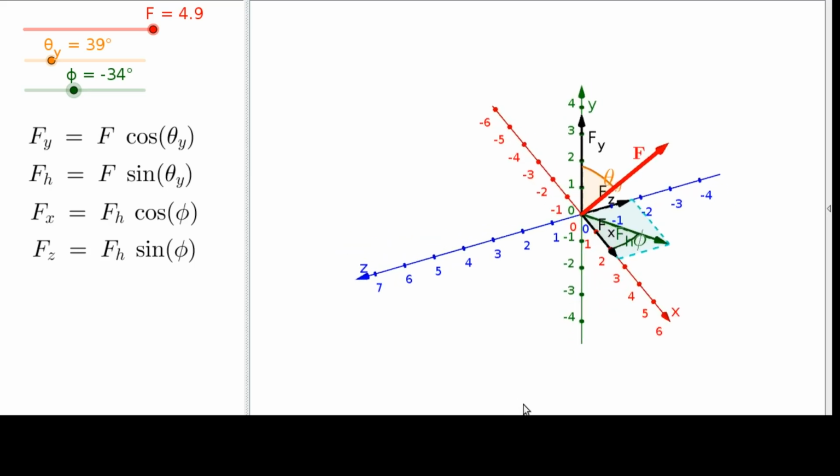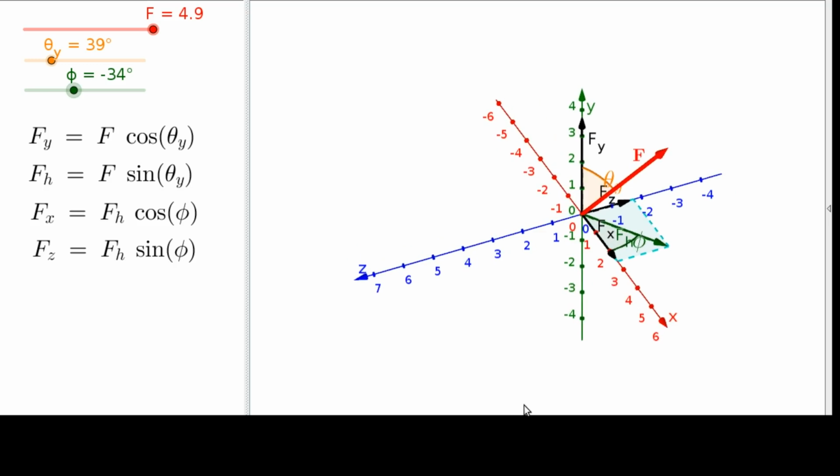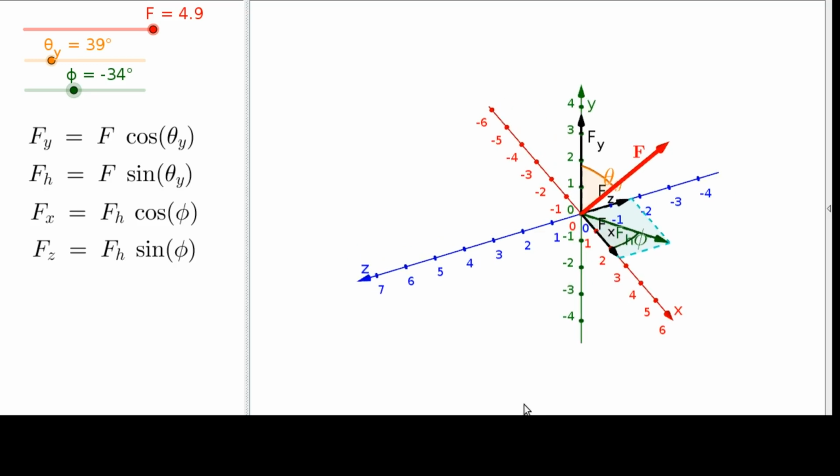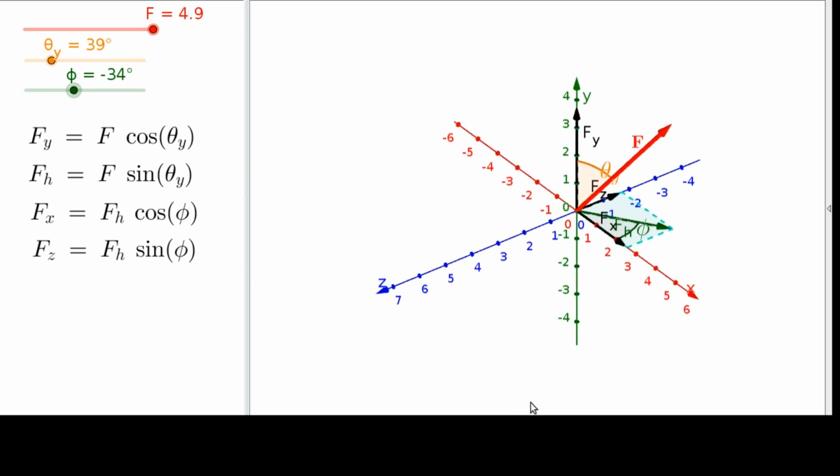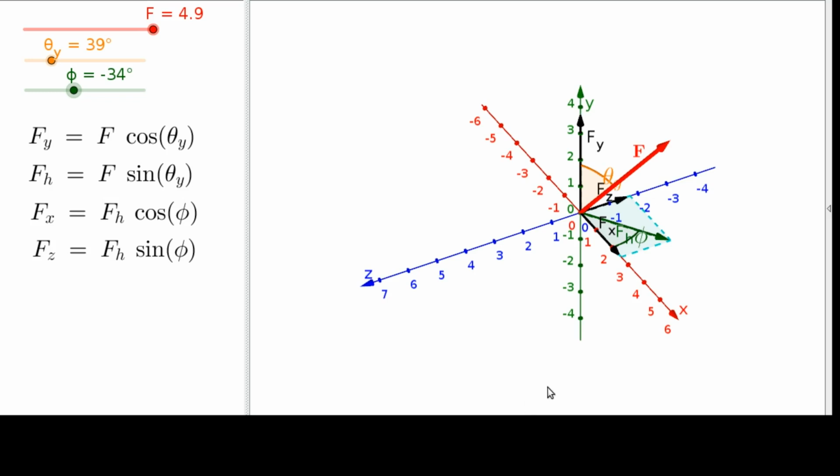So these Fx, Fy, and Fz are what we call the components of our vector f. And again, you just have to look at what angles are given in order to find these components with sine and cosine.